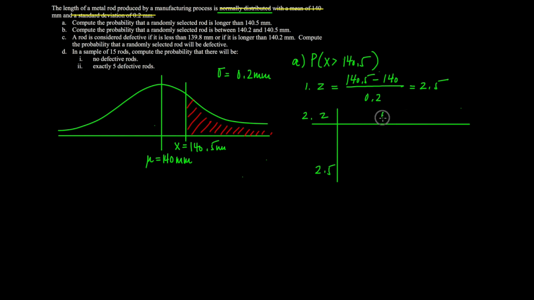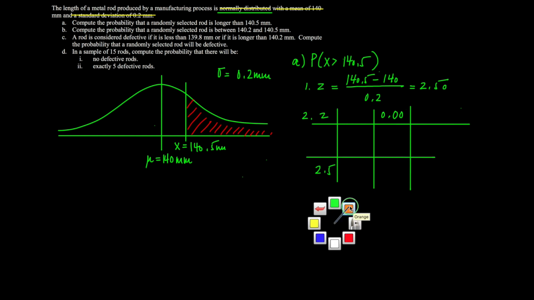And on the horizontal, because it's the second decimal, we're going to look for the 0, because here it's essentially a 0. And we're going to look for the cross between these two. So this right here is the number that we want, a total of 0.4938. So 0.4938 is what we're looking for.